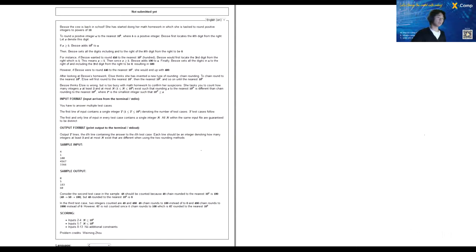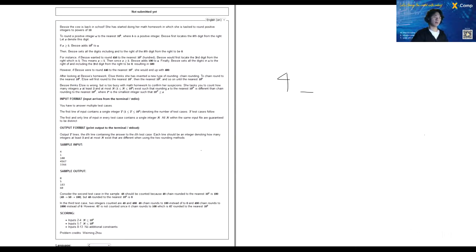But if we consider numbers in the 40s, with a 4 in the tens digit, anything in the 40s is normally supposed to round down if we round directly. But if we do chain rounding, there's a way to round this 40 to a 50.